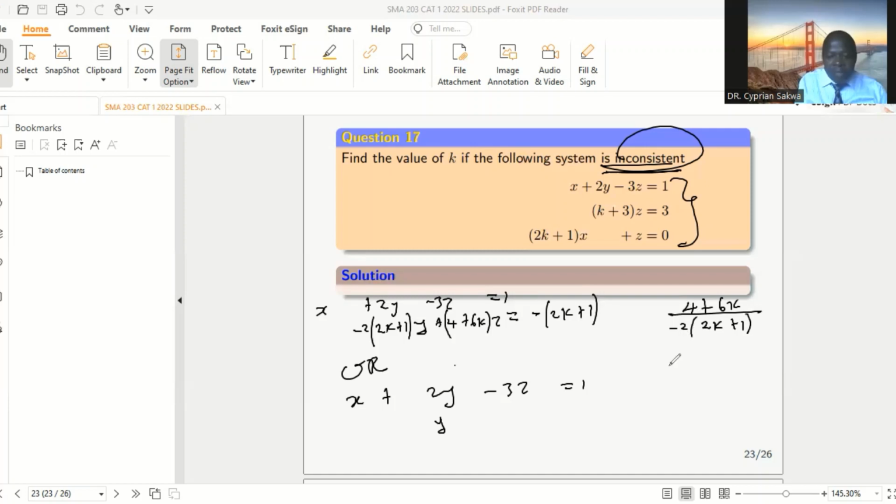What will happen if I factorize the numerator? No, we don't even need to factorize it. So let's just write what we get: 4 plus 6k over negative 2 into 2k plus 1 equals, and on this side we have negative 2k plus 1 divided by that coefficient, negative 2 into 2k plus 1.